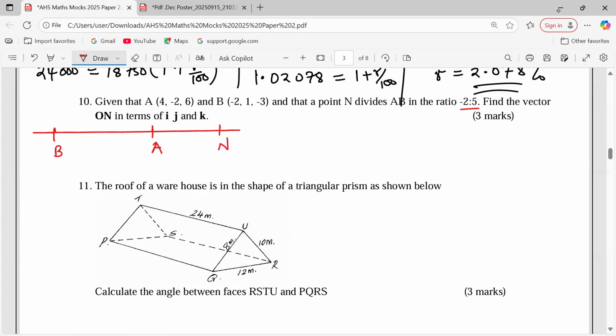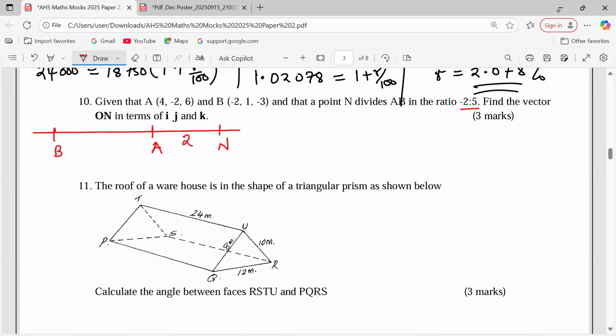If points A and B are on a line, then point N is dividing them in the ratio -2:5. Then it means that from point A to where N is, we go in one direction for 2 units.